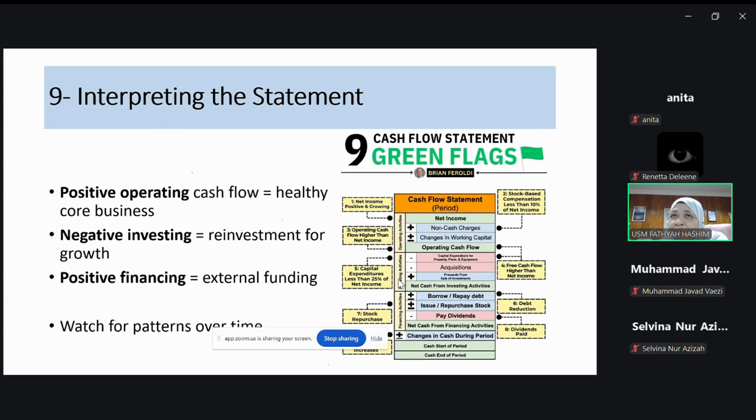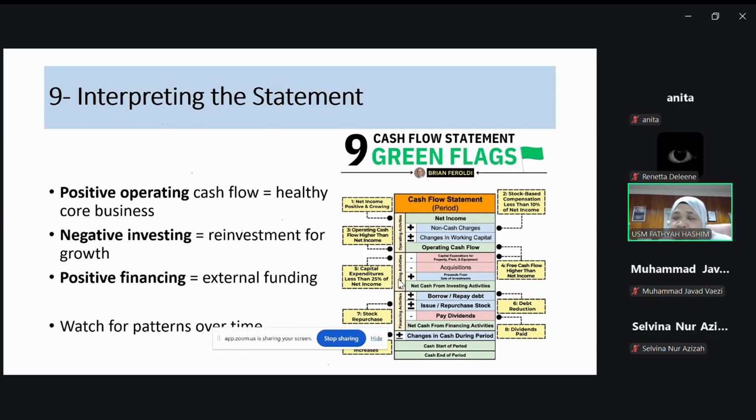Or you're paying more, so the debt amount that you are owing to the outside is better, then it's a green flag.